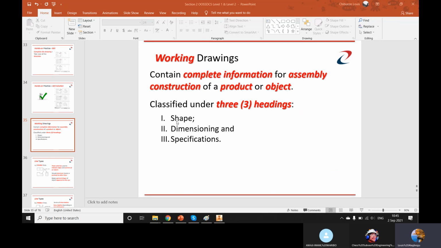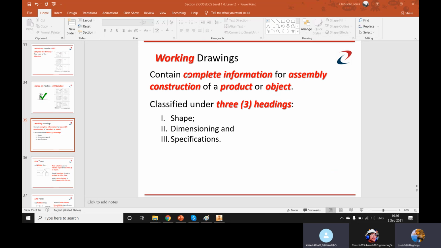So we'll deal with them one after the other. But working drawings now, when an architect finishes his drawing, or a structural engineer, what he submits or what is expected to submit is the working drawing.